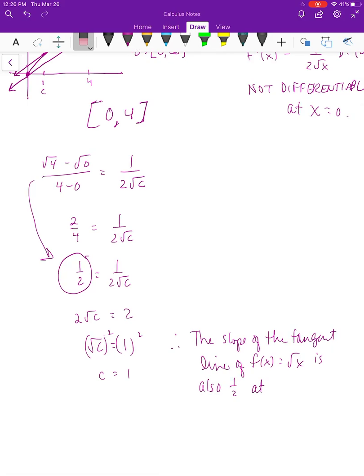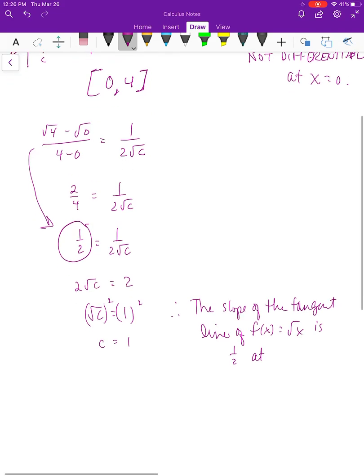So the slope of the tangent line of f of x equals square root of x is 1/2 at x equals 1.